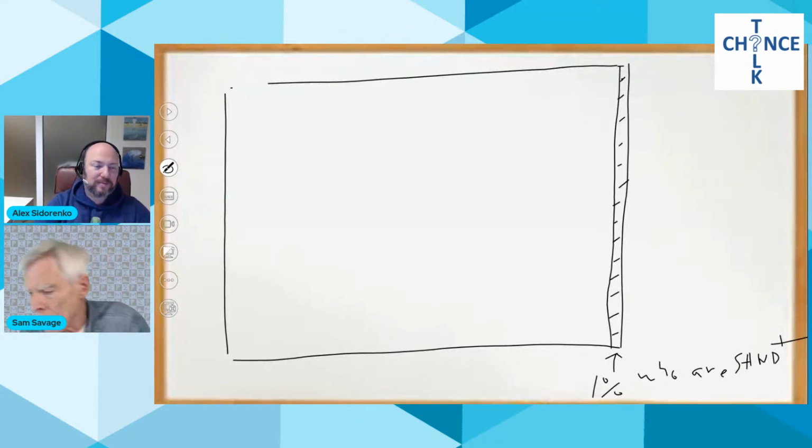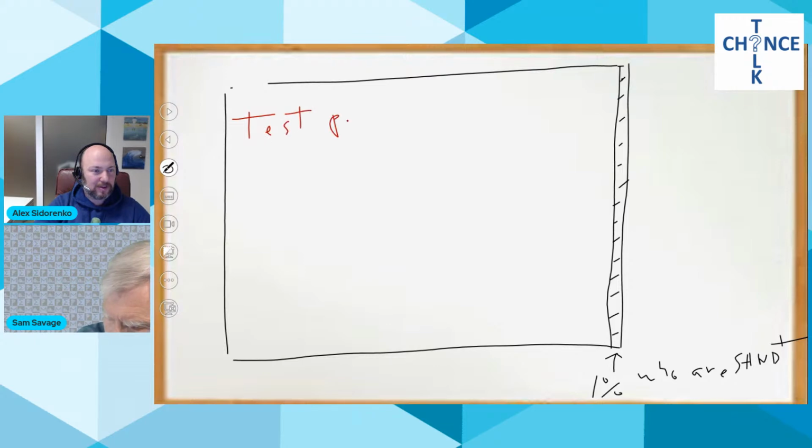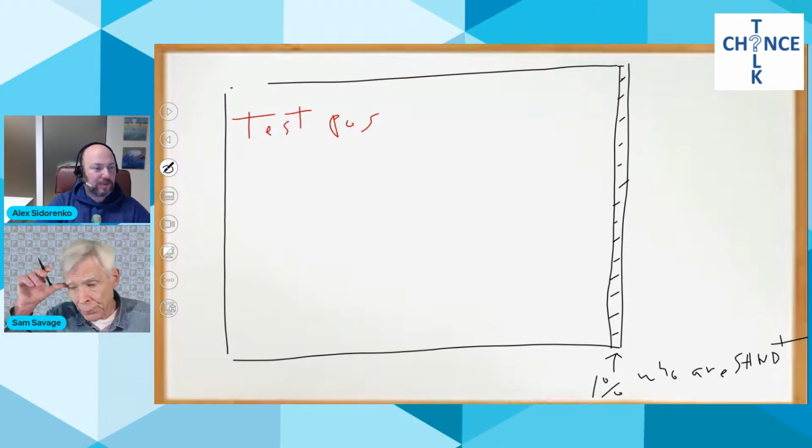Okay. Now let's talk about the people who test positive. So I'm going to use red here. So red is the people who test positive. Well, first of all, we know it's 98% of the people who have it.